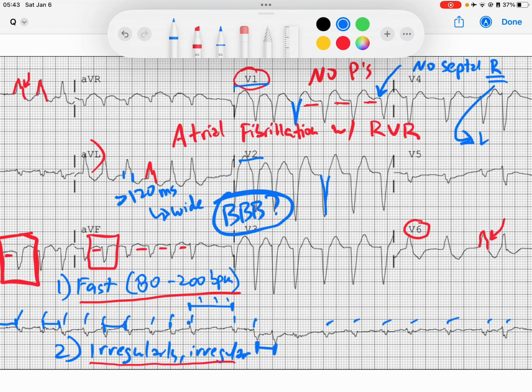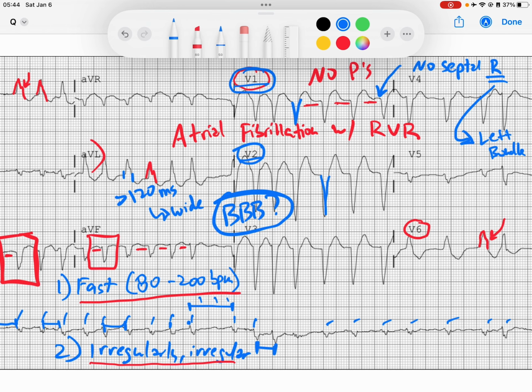Those are from the left bundle. The left bundle actually supplies the electrical conduction to the septum from a left to right fashion across the septum. Those rightward forces of septal depolarization are typically captured positively as small septal R waves in these V1, V2 anterior chest leads.